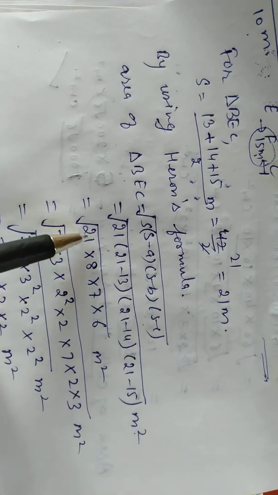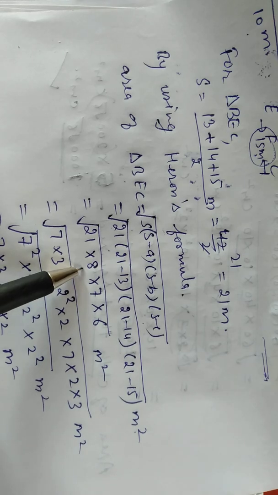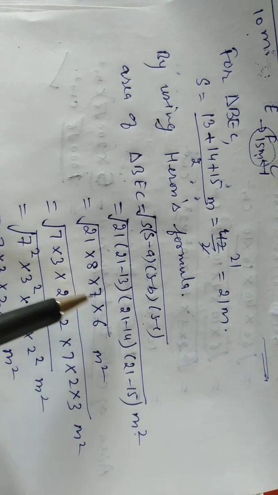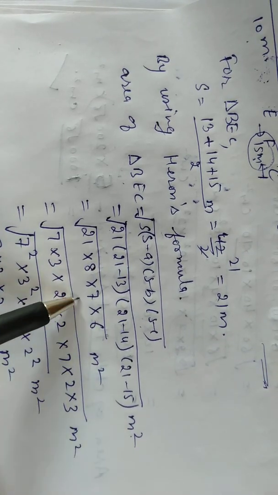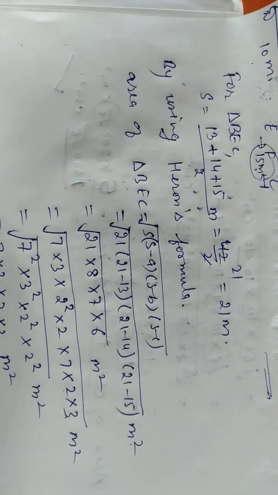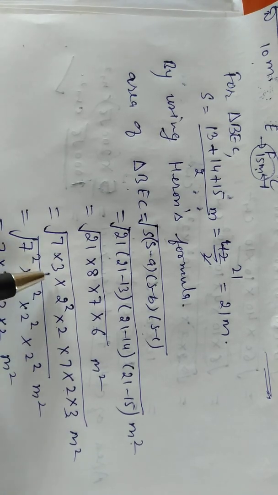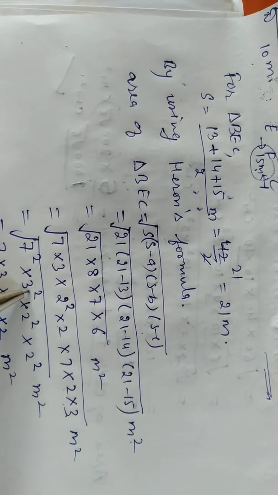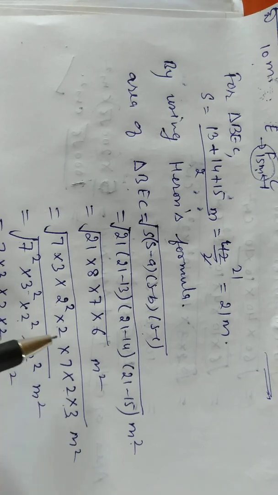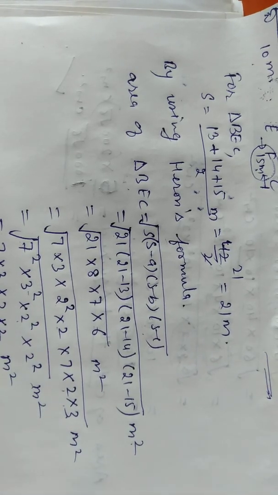Let us factorize. 21 can be factorized as 7 3s are 21. 8 can be factorized as 2 2s are 4, 2 4s are 8, so 2 square into 2. And 6 can be factorized as 2 3s are 6. Let us check the powers. Here 7 comes 2 times, so power will be 2. Here 3 comes 2 times, so power will be 2. This 2 square goes forward as it is, and these 2s are 2 times, so power will be 2, with meter square.